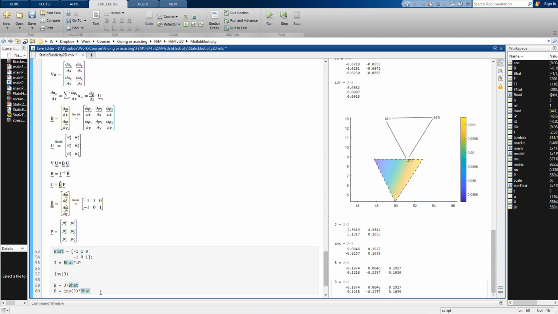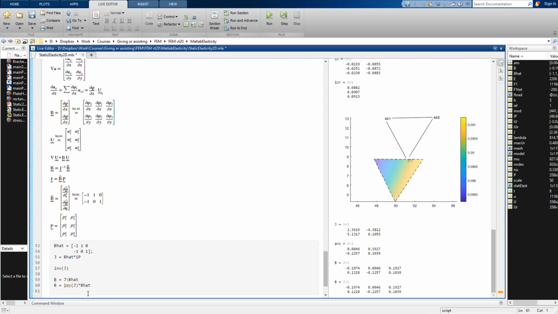In fact, this is so bad to do that Matlab actually warns us: inv(A)*B can be slower and less accurate than A\B. Consider using A\B for inverse A times B, or B/A for B times inverse A.